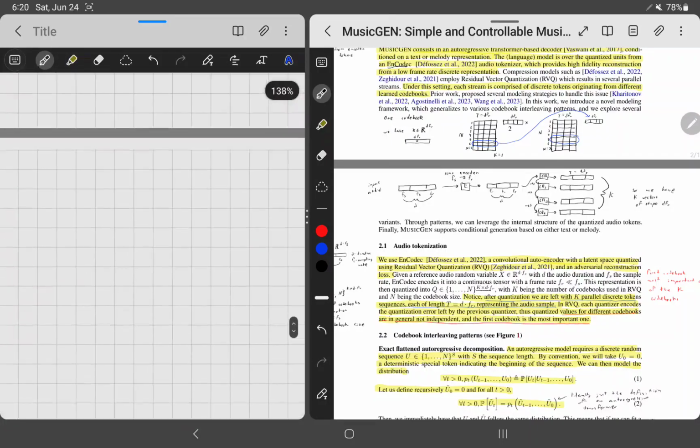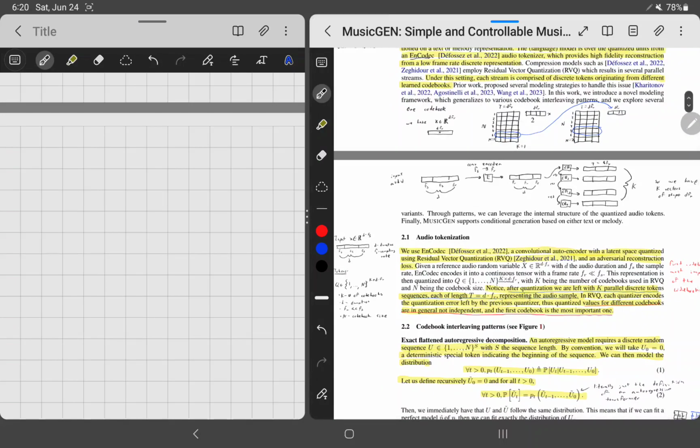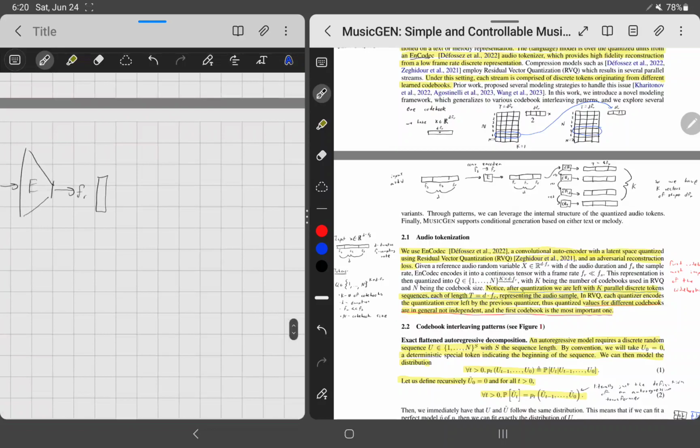But the reason we do this is that we can get our encoded discrete representation. So what this looks like is we have a vector of shape 32,000. We throw this through our encoder block, and then we get out f sub r, a vector that is slightly smaller, and then you throw this through, in this case, they use 4 codebooks.